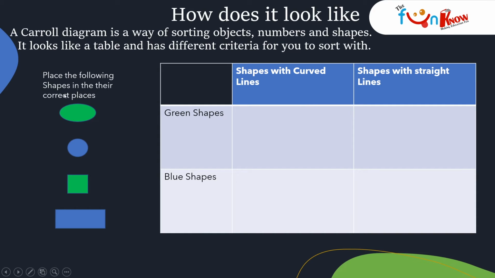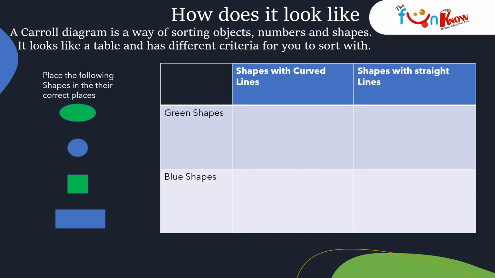Now we have to place the following shapes at the correct place. Students, look at the first figure. The first figure is known as an oval. In this figure, just tell me, is there any straight line? No. Very good, students. It has a curved line in it. Tell me, students, does the shape have green color or blue color?